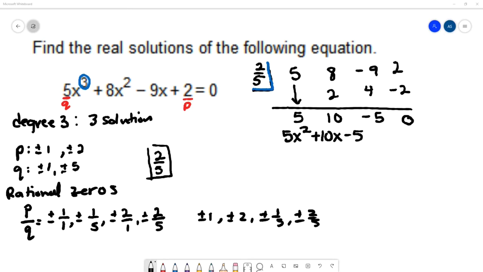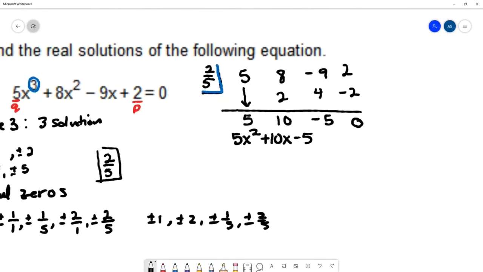Okay, so I think maybe I want to go into a little bit more detail about this division that we've done, and we'll come back to finding the rest of the solutions in just a moment.